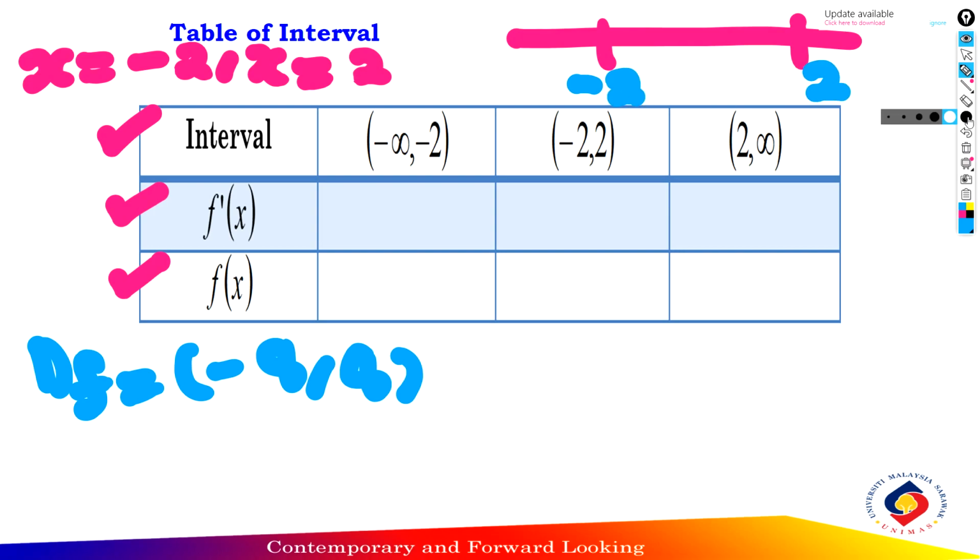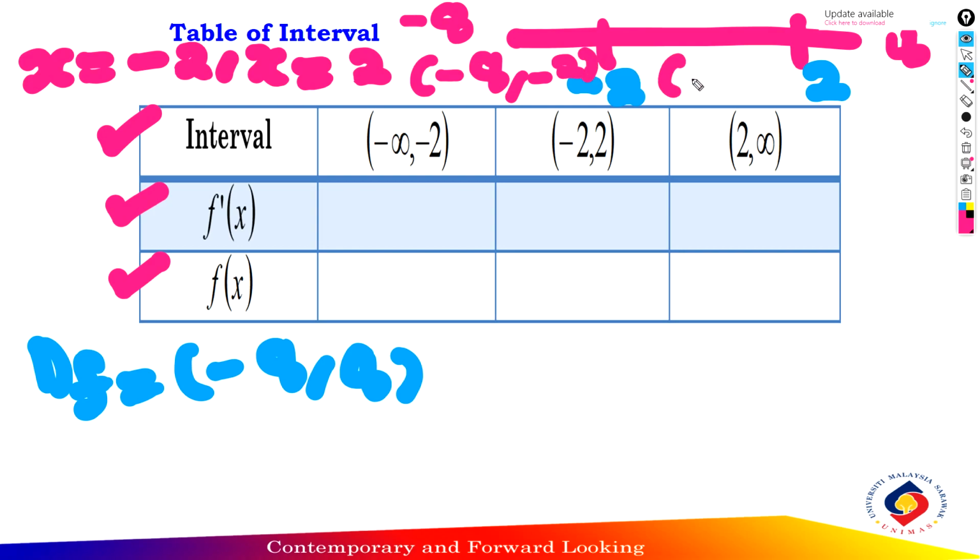The first interval is between negative infinity and negative 2, the second interval is between negative 2 and 2, and the third interval is 2 to positive infinity.